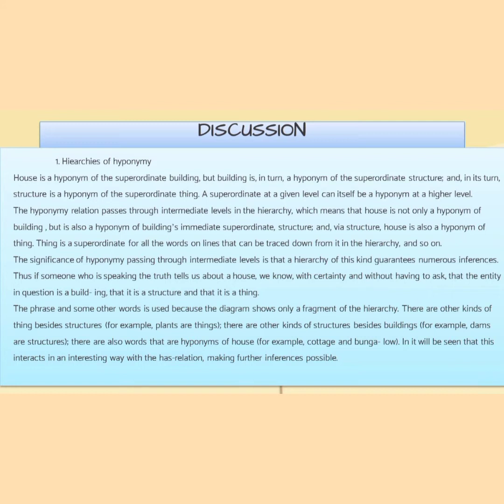Thing is a superordinate for all the words on lines that can be tracked down from it in the hierarchy, and so on. The significance of hyponymy passing to the intermediate levels is that a hierarchy of this kind grants numerous inferences.